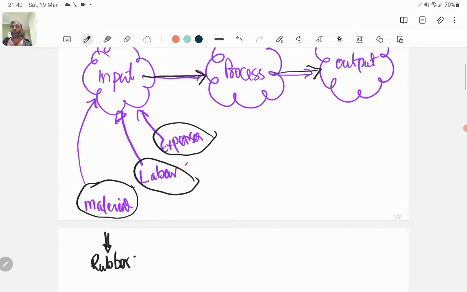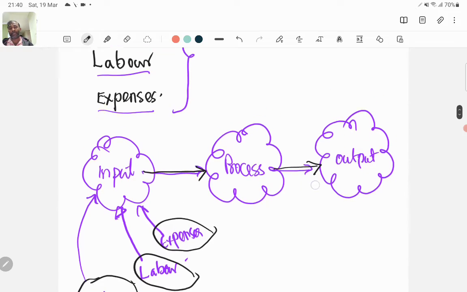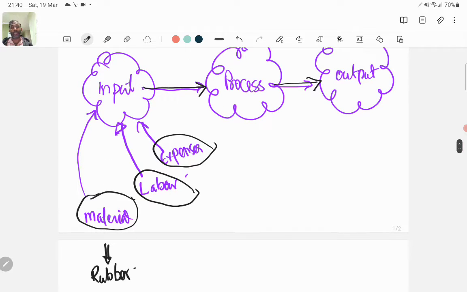And expense is also the same story. Some are directly attributable to our production process, and some would still be incurred regardless of our production process. This is the basic chain that you need to understand.